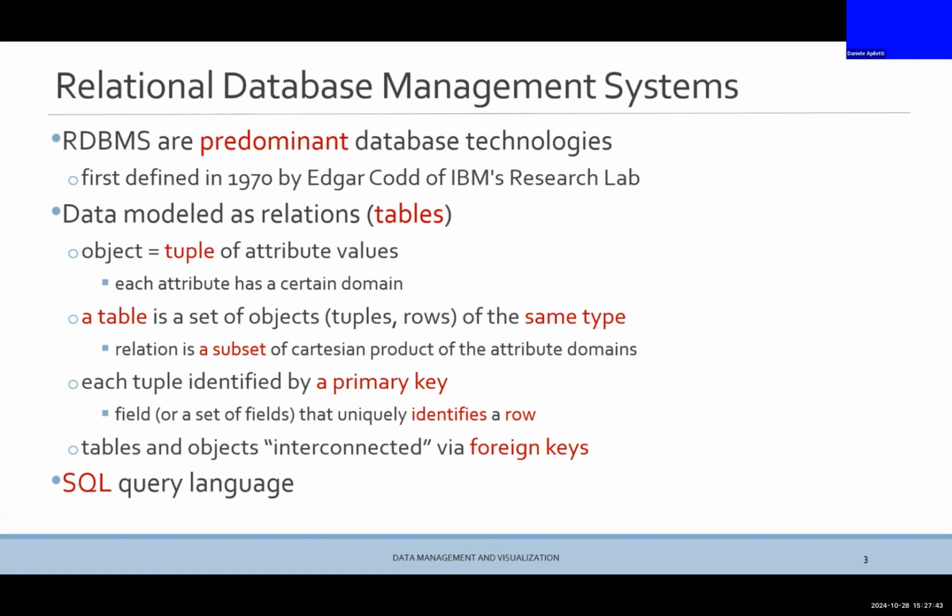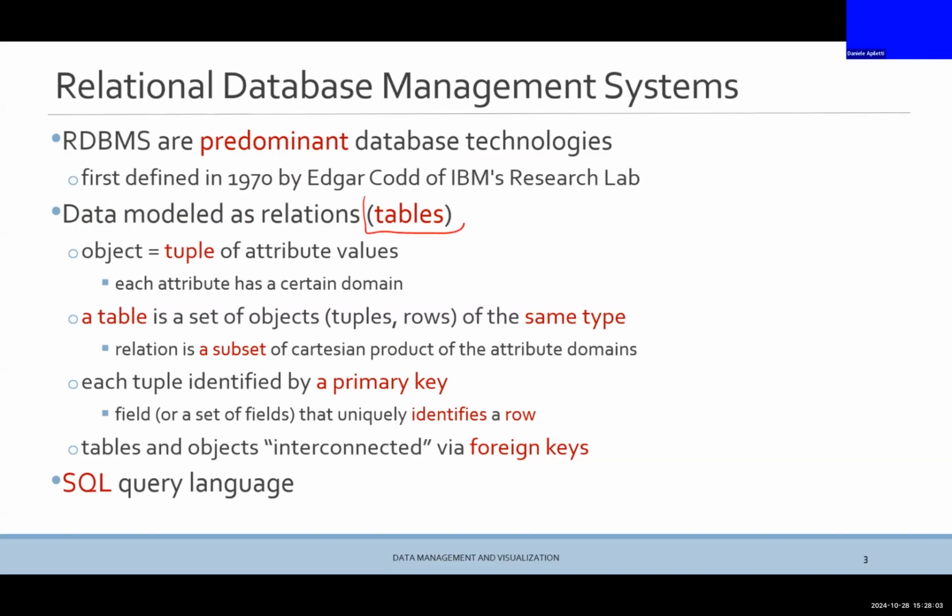So relational databases were very successful. The basic principles of organizing data in relational databases are things you know, but we need to focus on them because we'll challenge that.